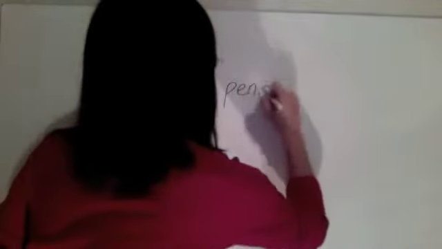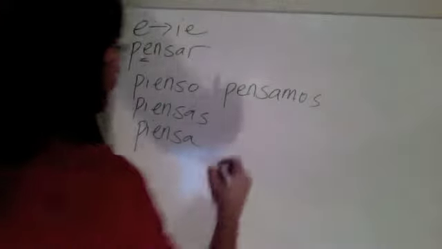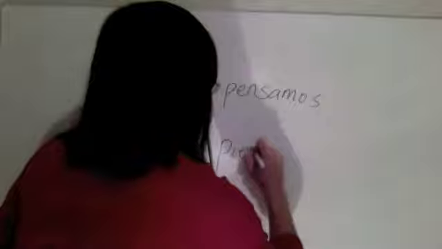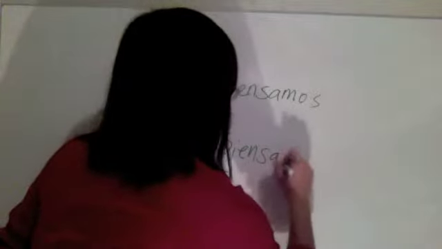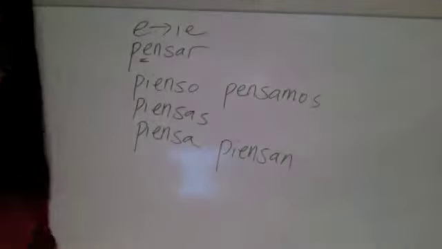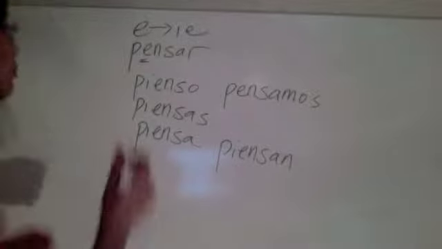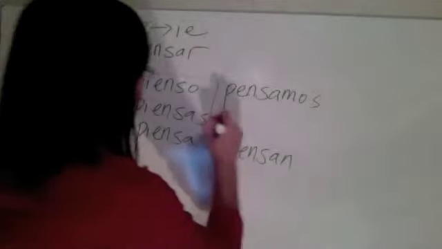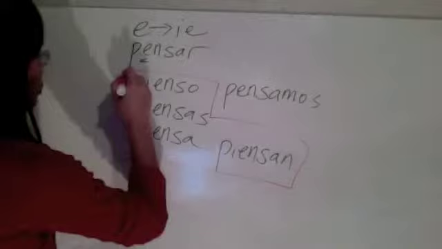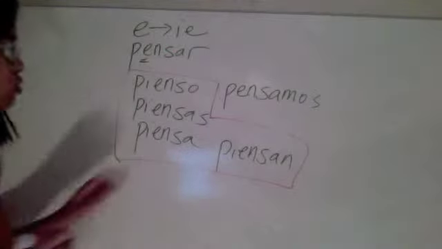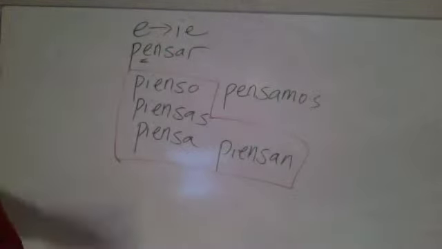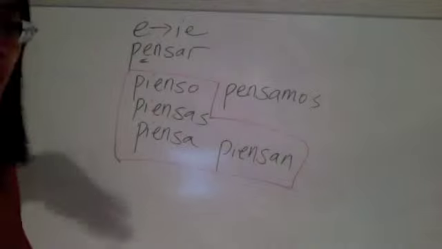Pensamos. Ellos, ellas, ustedes again piensan. And let's draw a shoe. We draw a shoe to leave out the nosotros form to remind us that nosotros form does not have stem change.